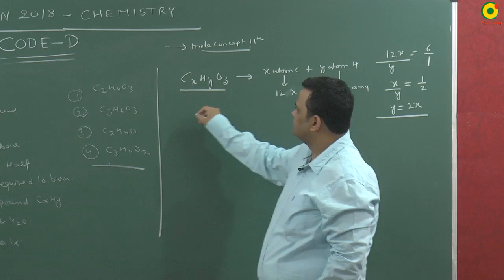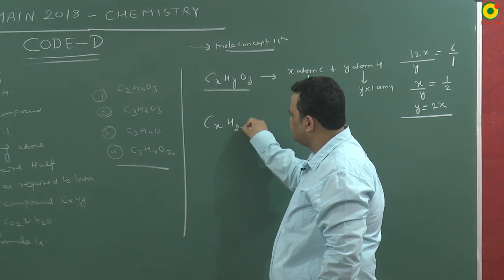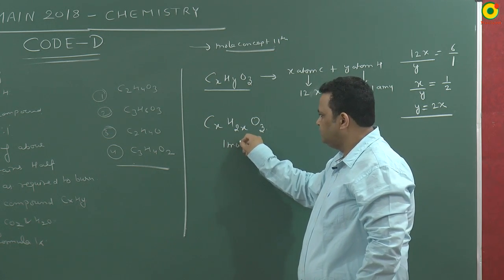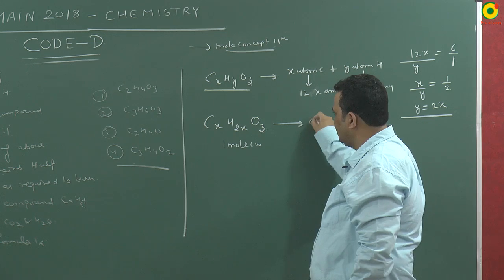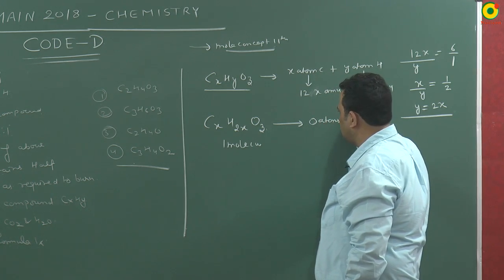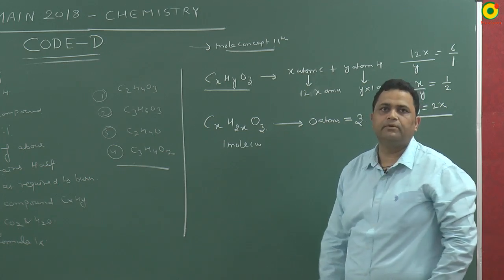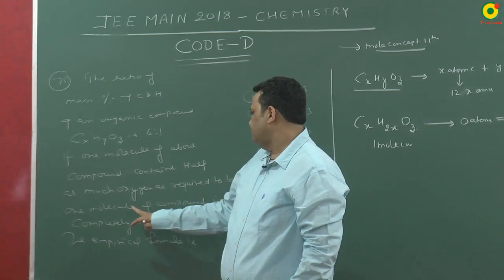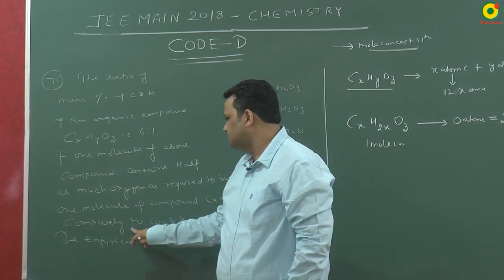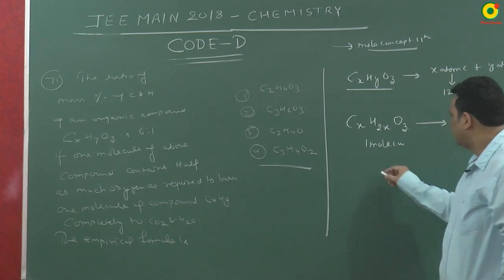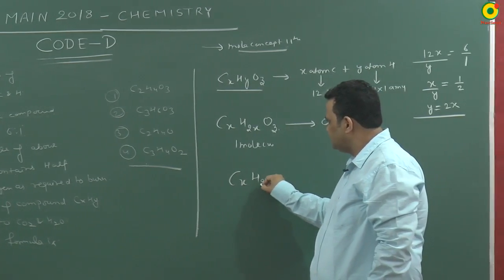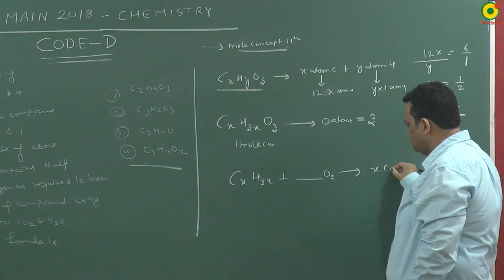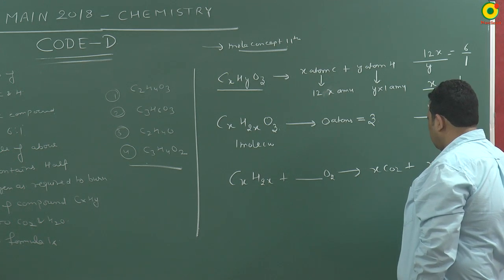So the formula is CXH2XOZ. One molecule of this contains oxygen atoms, the number of which is equal to Z in this compound. Now he is saying that one molecule of compound CXHY is completely combusted. CXHY means CXH2X is combusted with oxygen and XCO2 plus XH2O is formed.